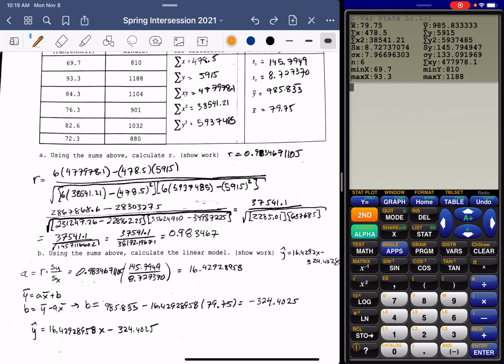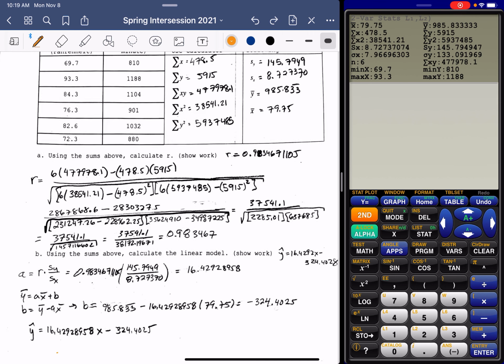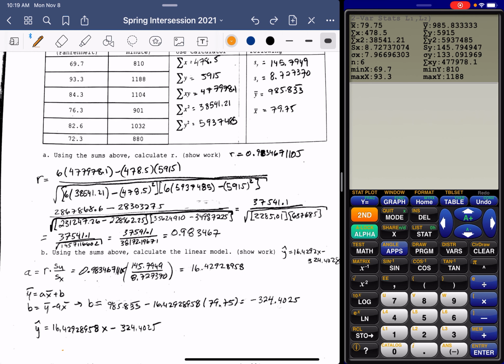But, to save some time over here, I'm going to do this here. And it says right here, using the sums above, calculate the linear model, right? The regression, right? The model, the linear regression, the least squared regression, right? And it says show work.